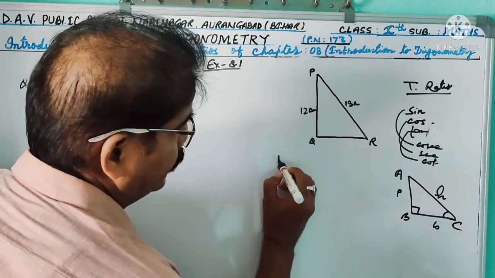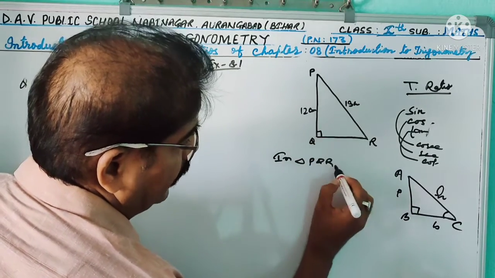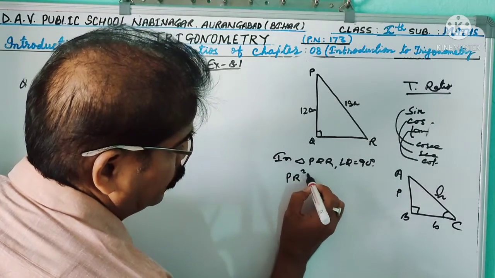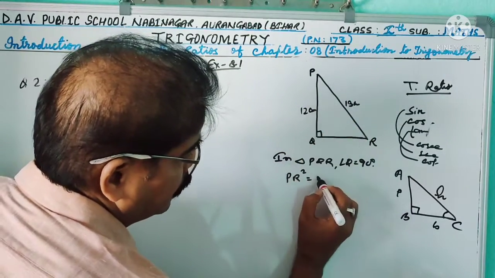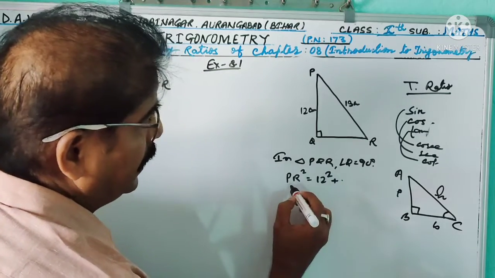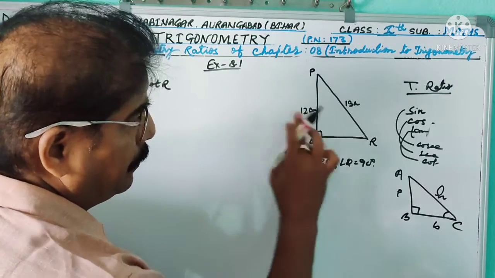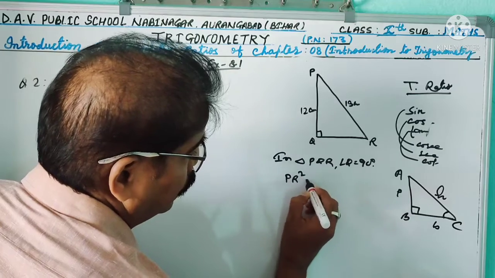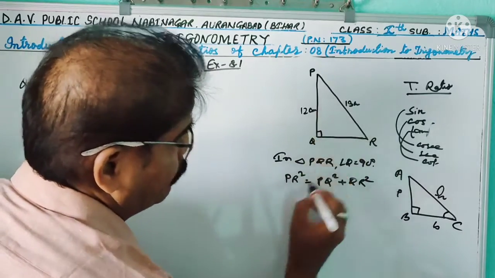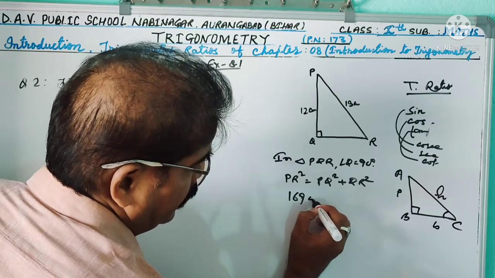In triangle PQR at Q 90 degree, so by Pythagoras, PR square equal to PQ square plus QR square, and PR is equal to 13 centimeter, 13 square is 169 centimeter square.